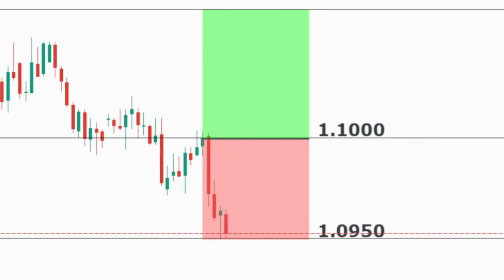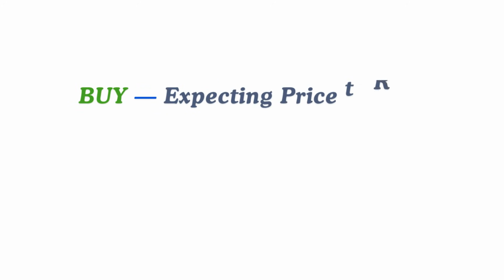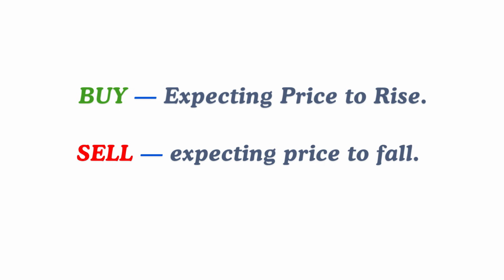Now the market moved against you. If you close the position there, you would have a loss. So every forex trade has a basic decision: buy, expecting price to rise, or sell, expecting price to fall. That's the foundation, but there's much more happening behind the simple decision.